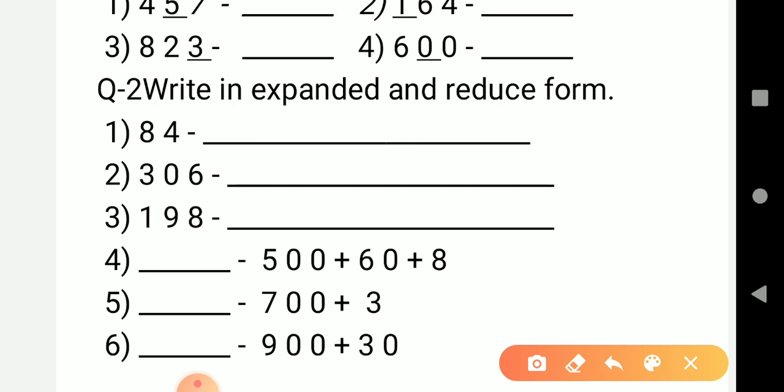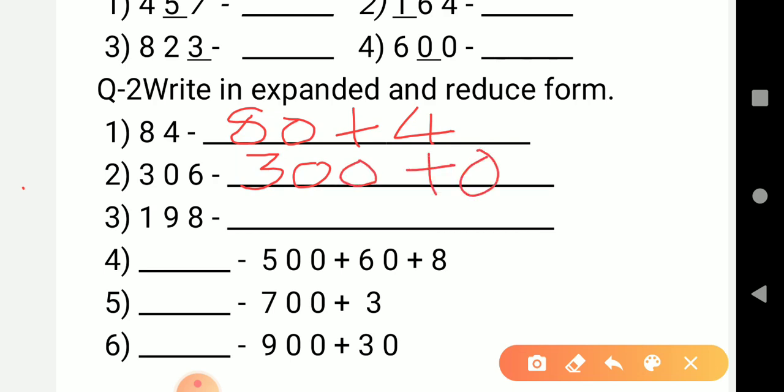Yes, we write the value of the place. 8 is on the tens place, so the value of 8 is 80, plus the value of 4 is 4. Now the second, yes, 3 is on the hundreds place, so it is 300, plus 0 is 0 and 6.